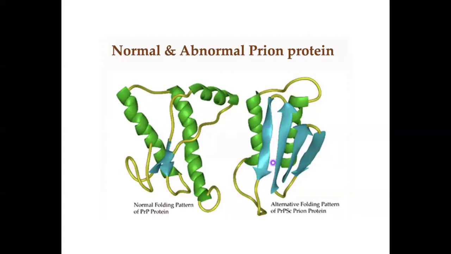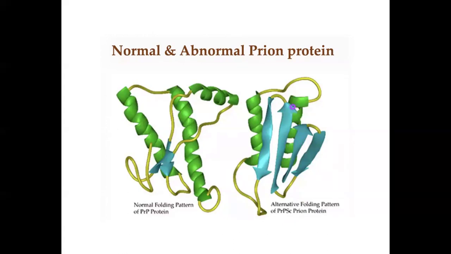When it misfolds, it converts to a beta pleated form, an alternative folding pattern, or PrPSc. PrPSc means the beta pleated form of this prion protein. What is unique about this one when it misfolds is that it cannot be broken down by proteases.